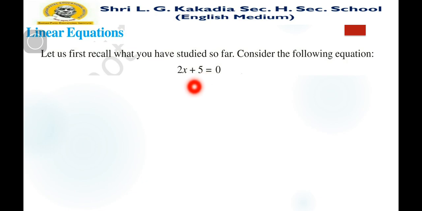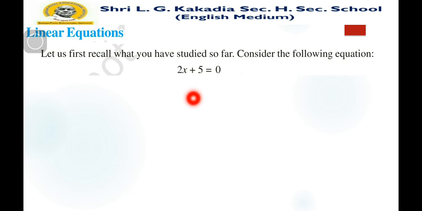So this type of equation is known as linear. Why is it known as linear? As you know, the variable included in this equation has exponent 1 or degree 1. As you can see here, x has exponent 1. So this type of equation is known as a linear equation, that we have already studied.